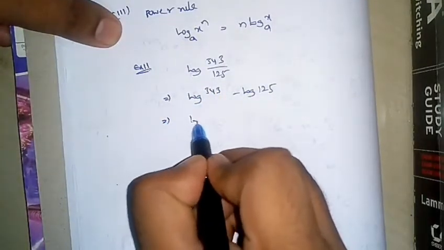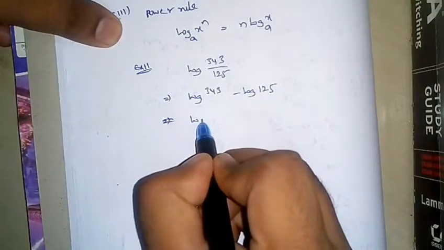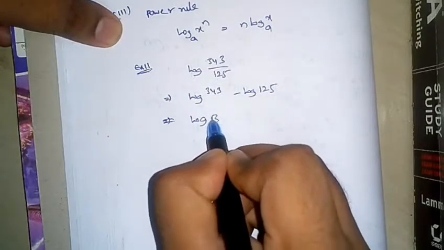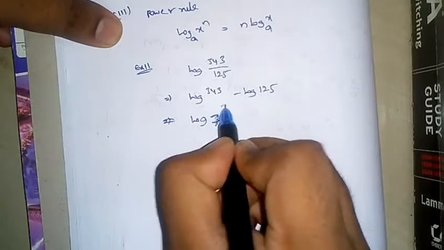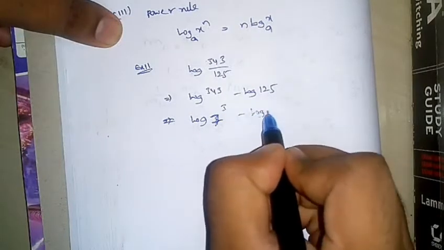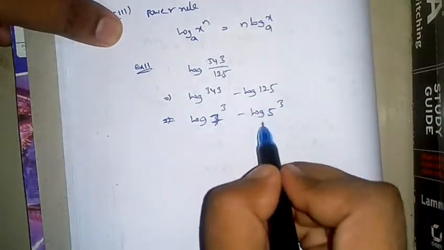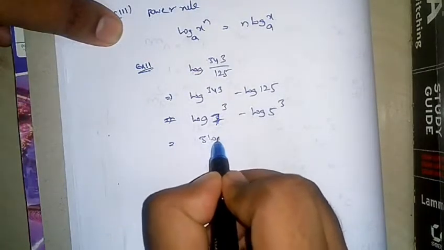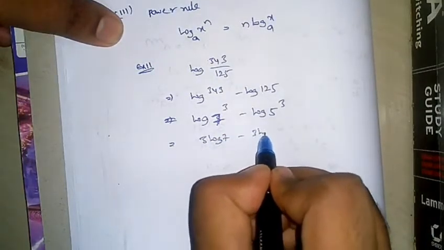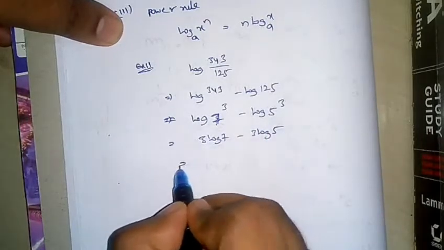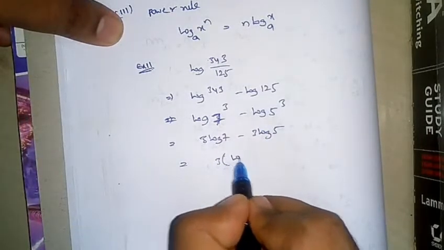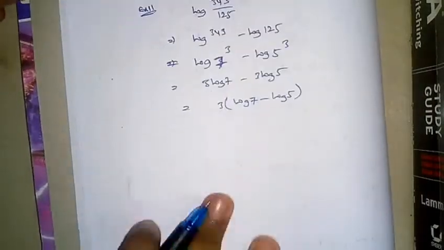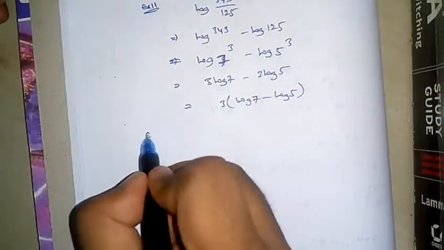Next step, 343 is 7 power 3, so log 7 power 3 minus log 5 power 3, since 125 is 5 power 3. Using the power rule, you can write it as 3 log 7 minus 3 log 5, which is equal to 3 times of log 7 minus log 5. So this is the answer. Next, example 12.